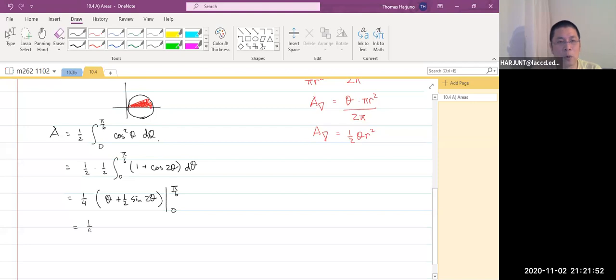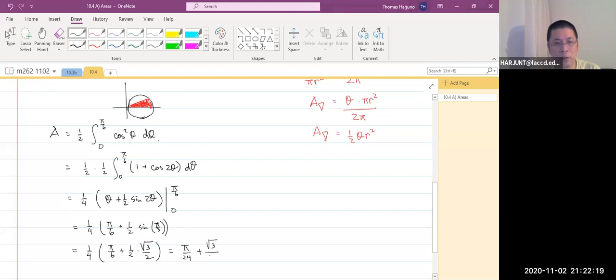That's 1/4 times pi over 6 plus 1/2 sine pi over 3. That's pi over 24 plus radical 3 over 16.